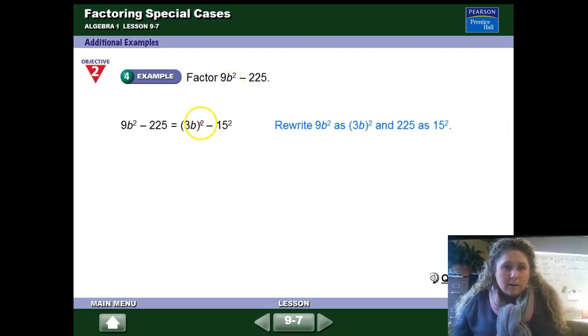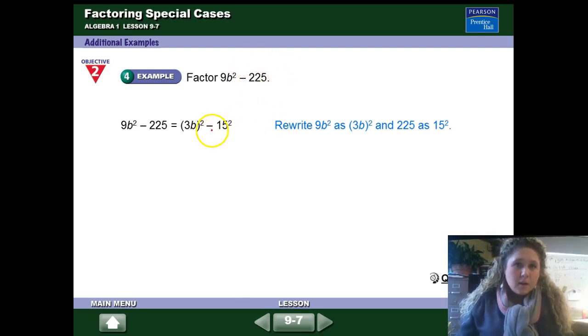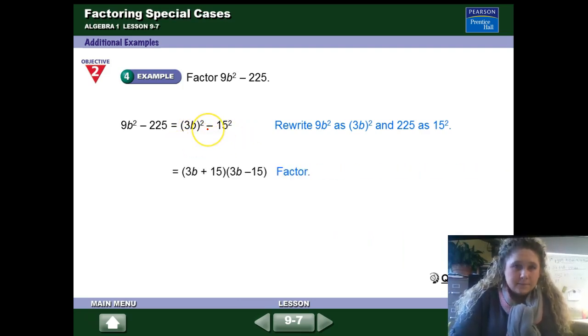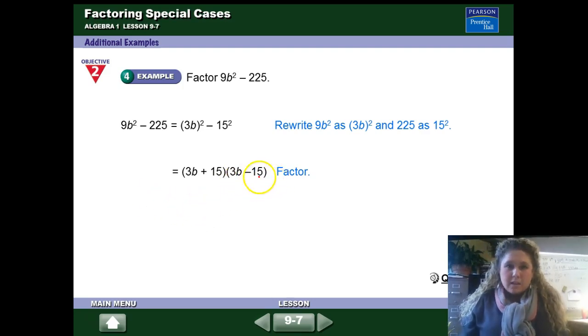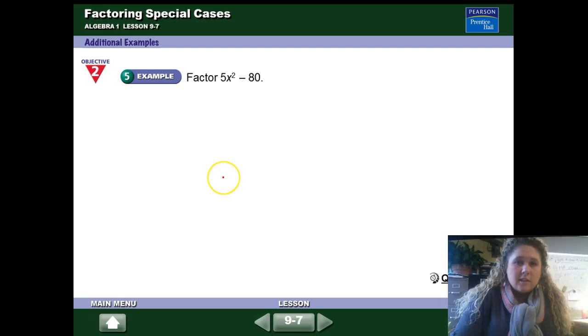Well, 3 squared is 9, so I can do 3b squared. And 225, we did not know that that was 15 squared. You could always take the square root of this to find that answer. Because it's subtraction of two perfect squares, we know we can write it as 3b plus 15 and 3b minus 15. You will FOIL to check it.